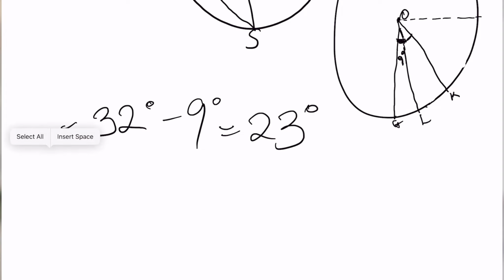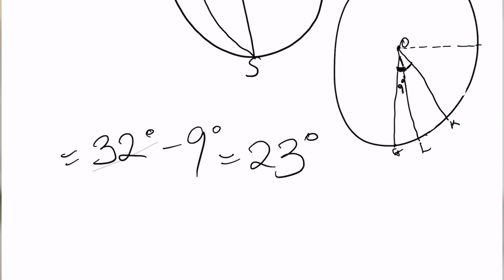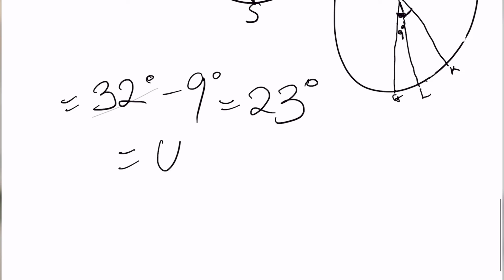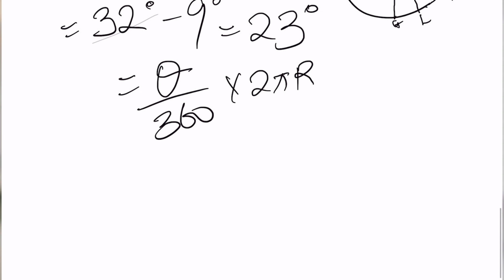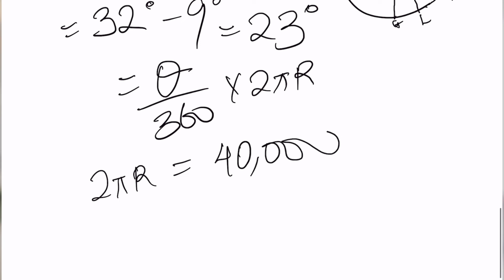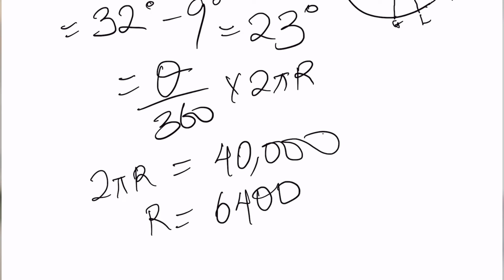Now, when we have 32 minus 9 to be 23, we will solve it with our formula, which is theta over 360 times 2 pi r, in which our 2 pi r can be 40,000, or our r is 6,400.